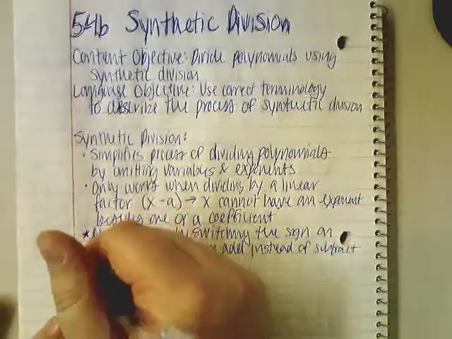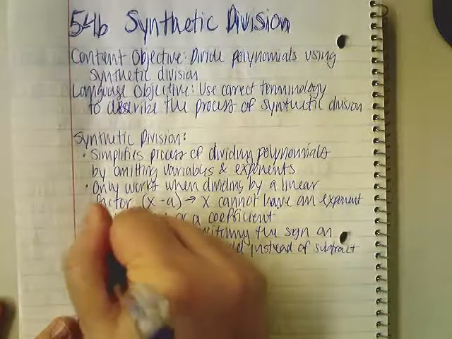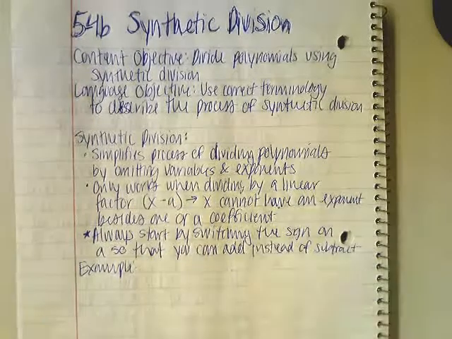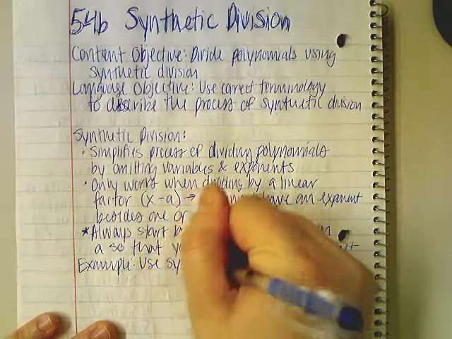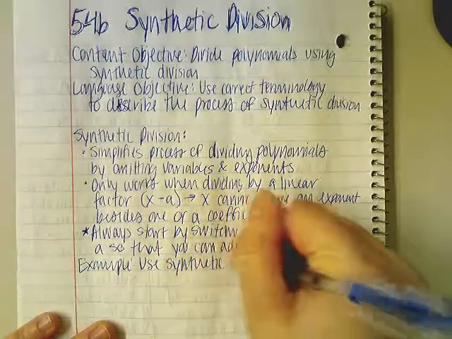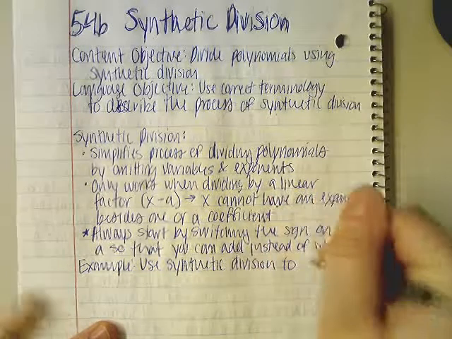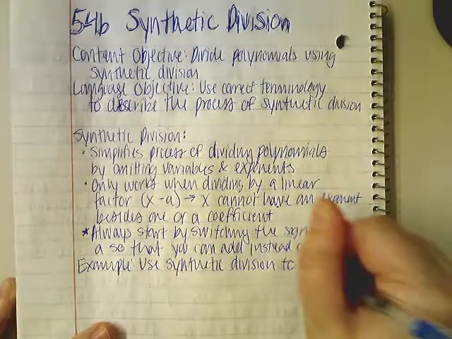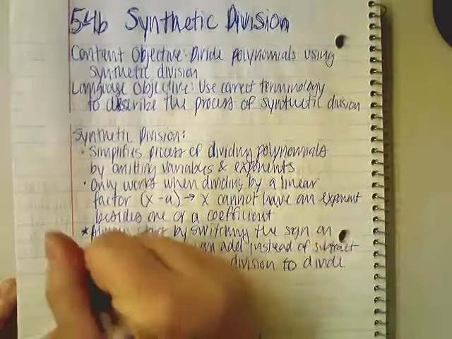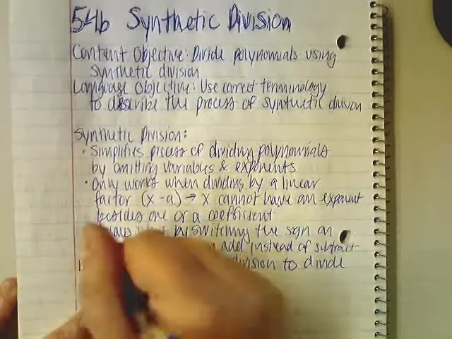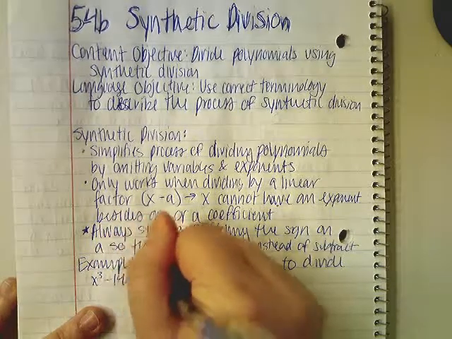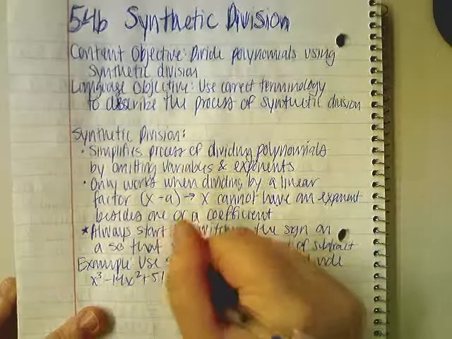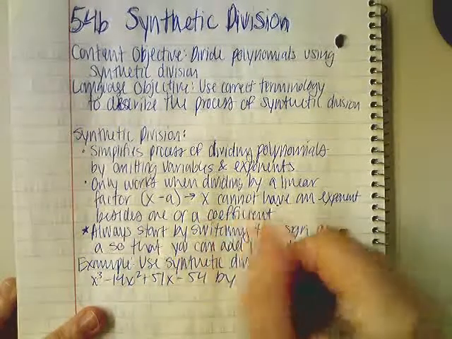Okay, so let's jump in with an example. I'm going to try to write this small so we have enough space. We're going to use synthetic division to divide x cubed minus 14x squared plus 51x minus 54 by x plus 2.